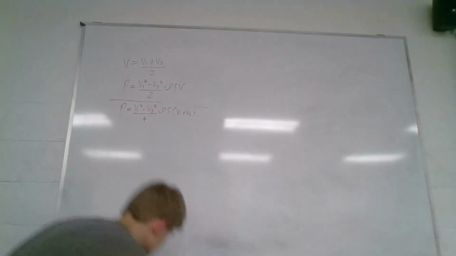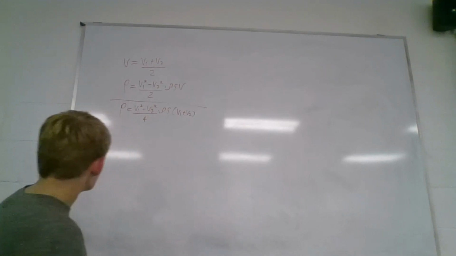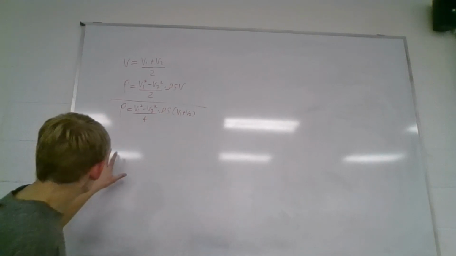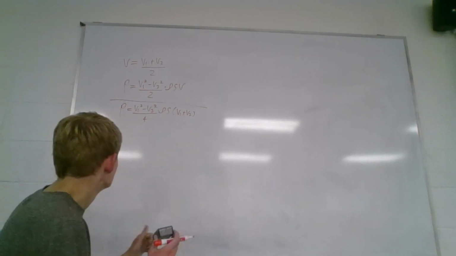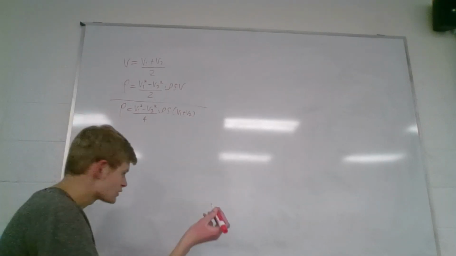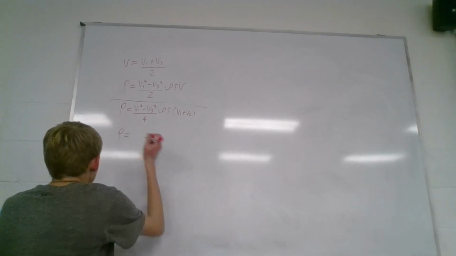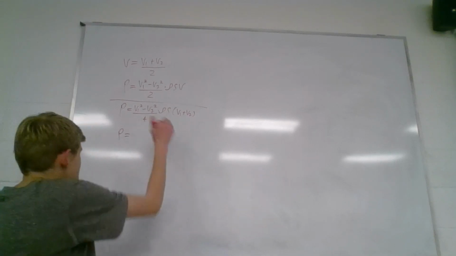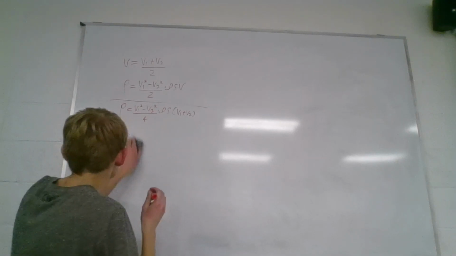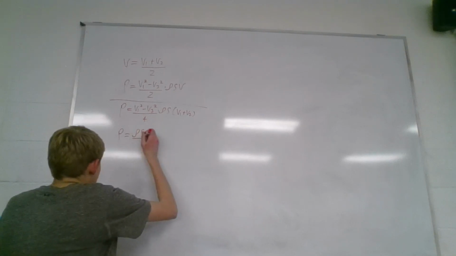What we want to do now is multiply this out, and then we're going to find a trend with our variables with velocity. So let's multiply this out. This new power equation has a couple constants, so we bring those out front: our density, our surface area divided by 4.